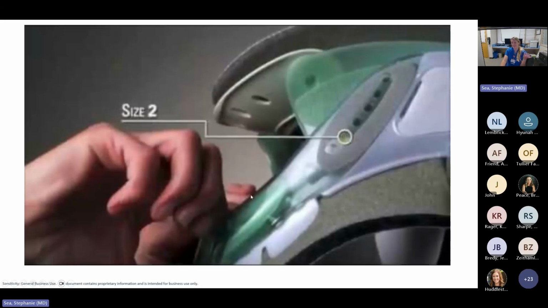Again, we'll link this as well, but this is our Aspen collars, the Vista. This is the most common. This is what is used here. This is a very nice video to show appropriate sizing, how to adjust it appropriately under the chin, making sure it's in the correct spot.